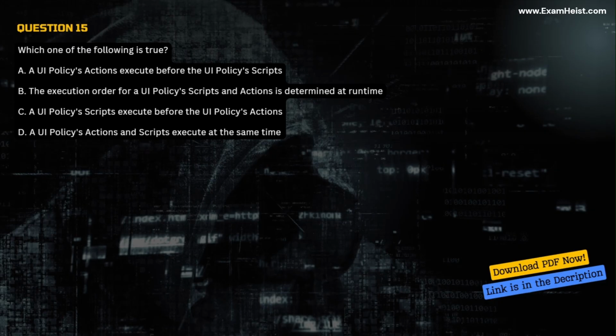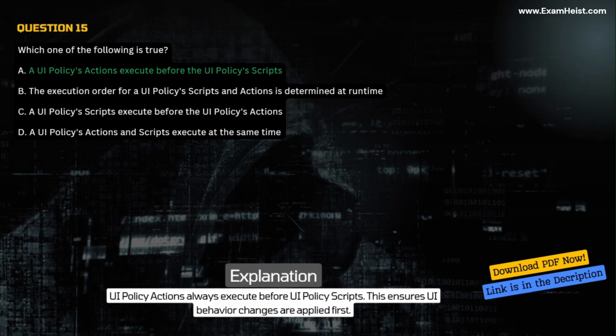D. A UI policy's actions and scripts execute at the same time. Correct answer A. A UI policy's actions execute before the UI policy's scripts. Explanation. UI policy actions always execute before UI policy scripts. This ensures UI behavior changes are applied first.